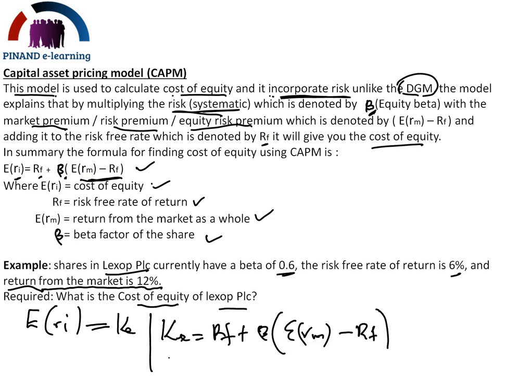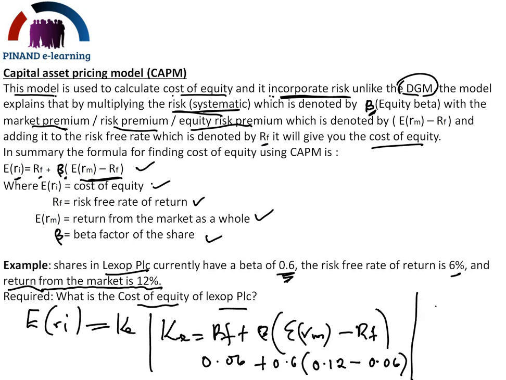If I put this information in the formula, the risk-free rate is 6%, so that becomes 0.06, plus the beta, which here is 0.6. The return from the market is 12%, so I say 0.12. Take them to decimals. The risk-free rate is 0.06.